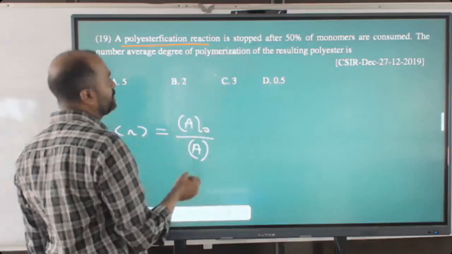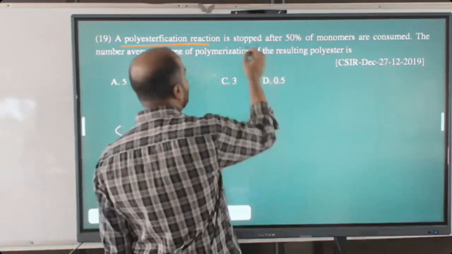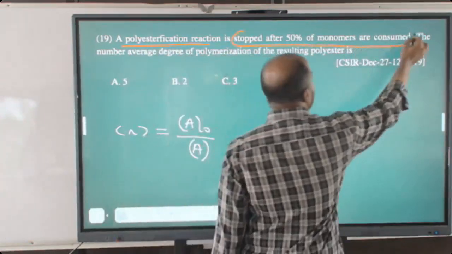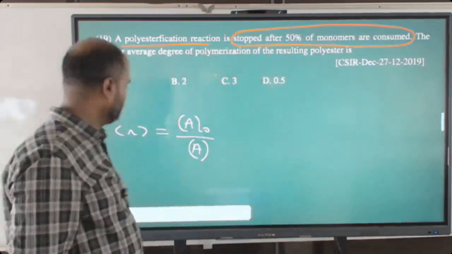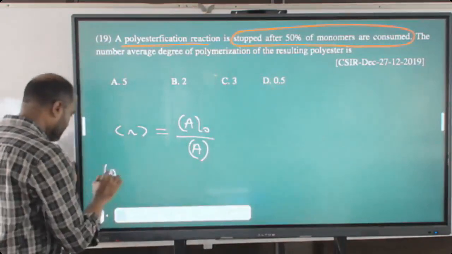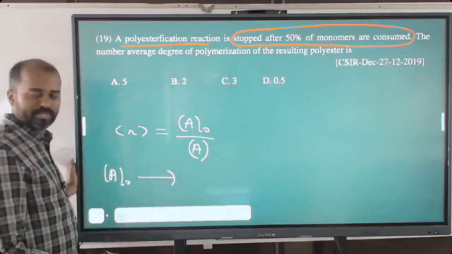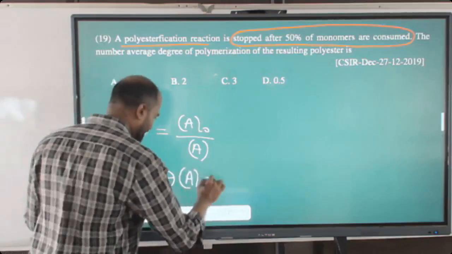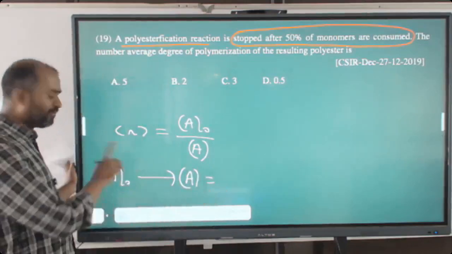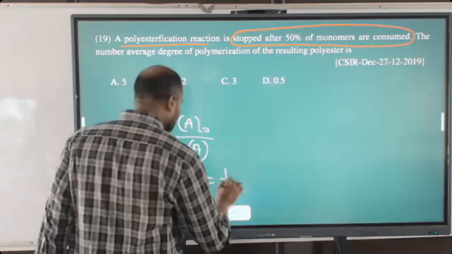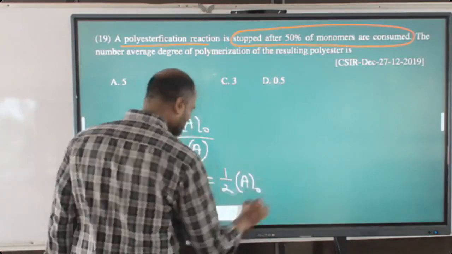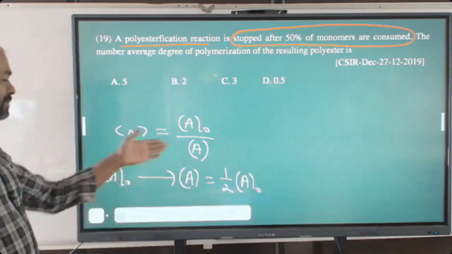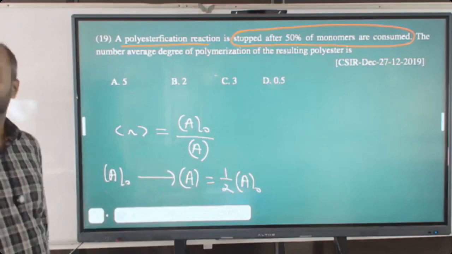The polyesterification reaction is stopped after 50% of the monomer is consumed. Initially, the concentration is A0. The final concentration A is half of A0, because 50% of the monomer is consumed, so the other 50% will be remaining.